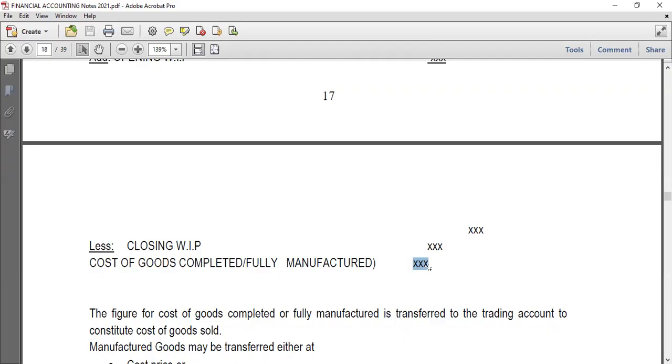Now, the question arises that in most cases, remember this factory profit is, in real terms, not yet attained profit until you sell. It's just an internal perception of saying that if we had bought this, we would be charged 900, and since we produce it at 700, we have a factory profit.